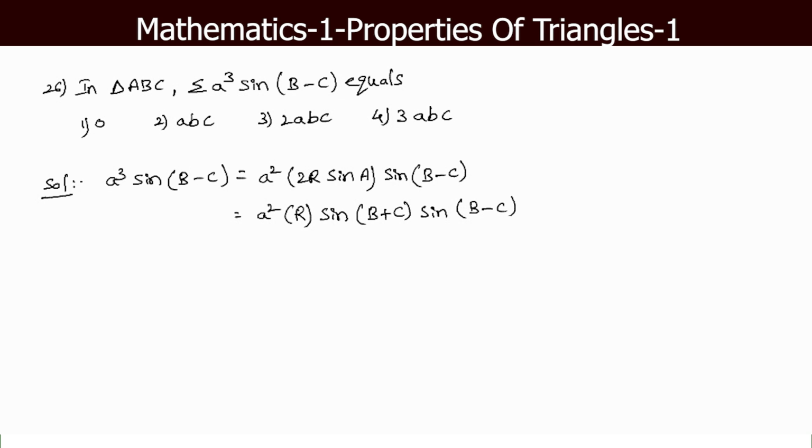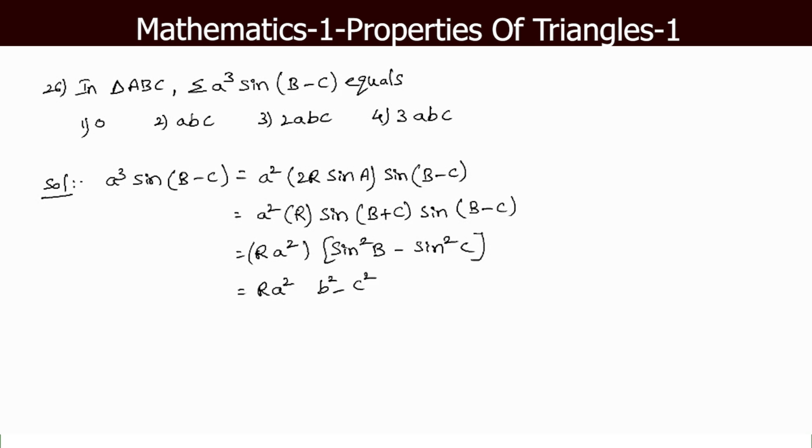That is R a square into (sin square B minus sin square C), which is R a square into (b square minus c square) by 4R square. So sigma a cubed sin(B minus C) is equal to 1 by 4R into sigma a square into (b square minus c square), and you know that it is equal to 0.